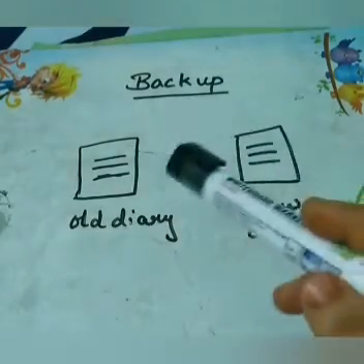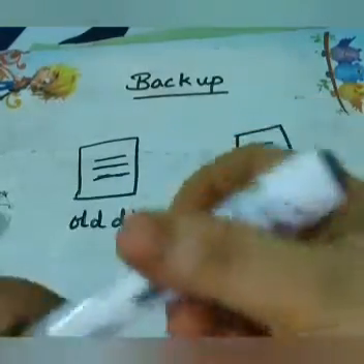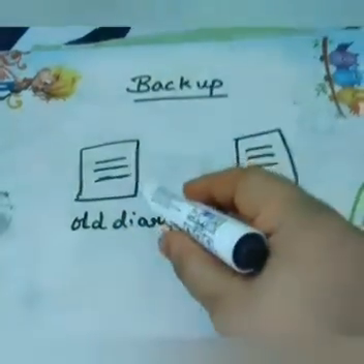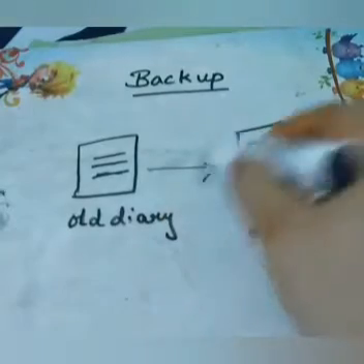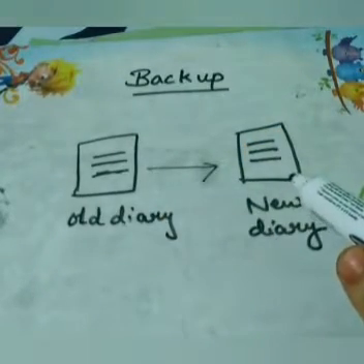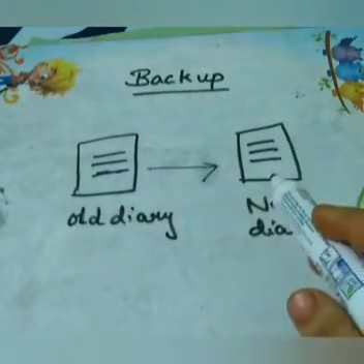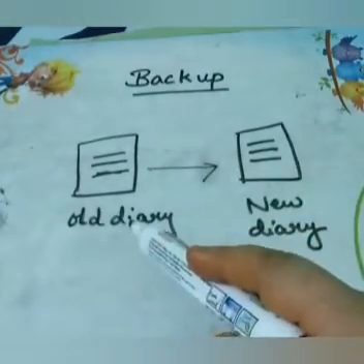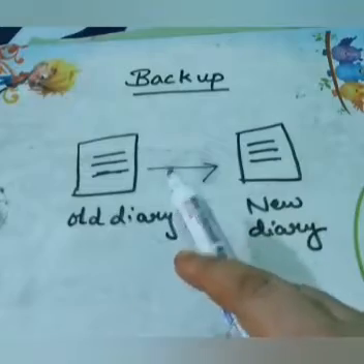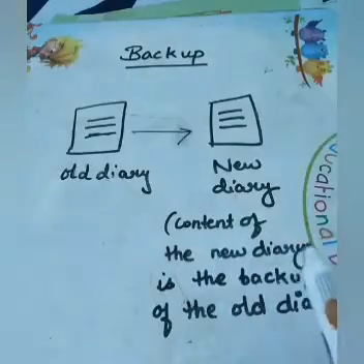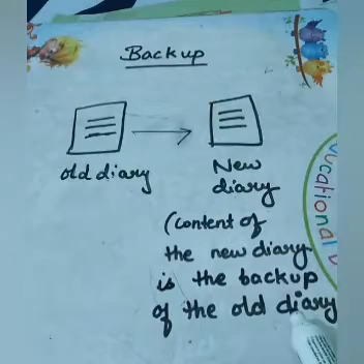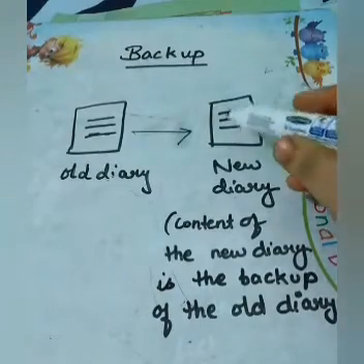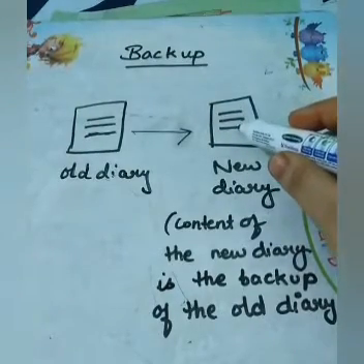So, to avoid the situation, you can copy the contents of the old diary into a new one. Now, you can refer to the new diary for the contacts even if the pages of the old diary are lost. Now, here, the content of the new diary is the backup of the old diary. Means the contents which you have noted down in this diary is the backup.